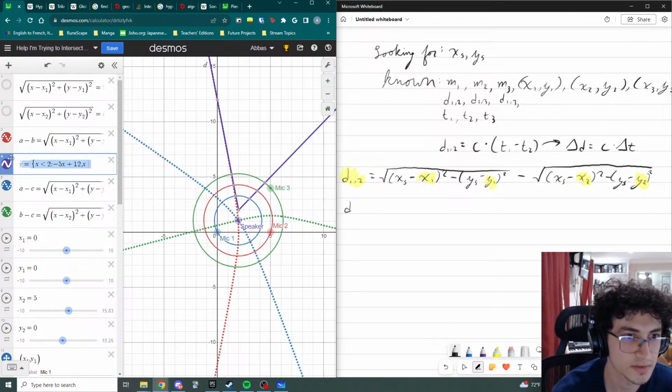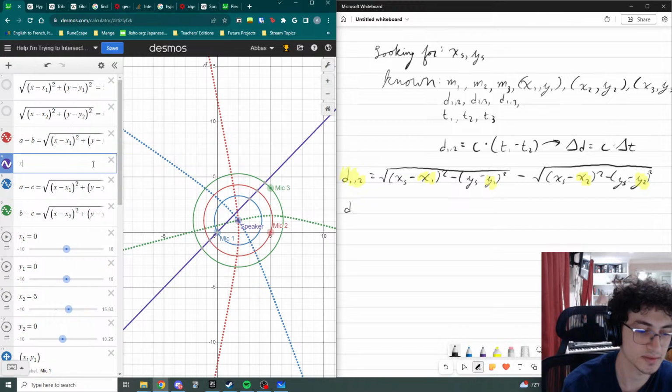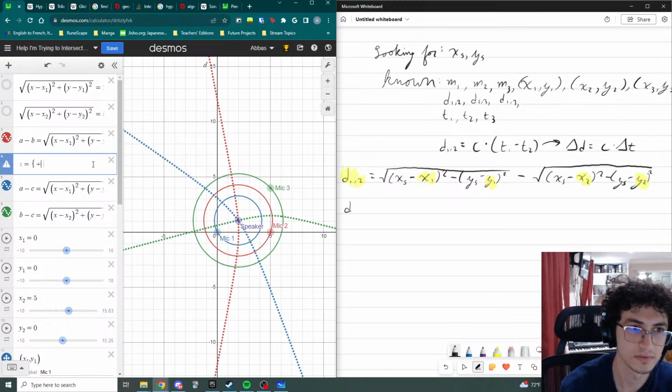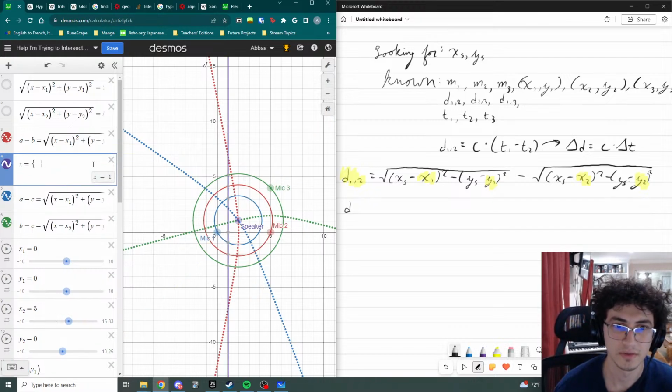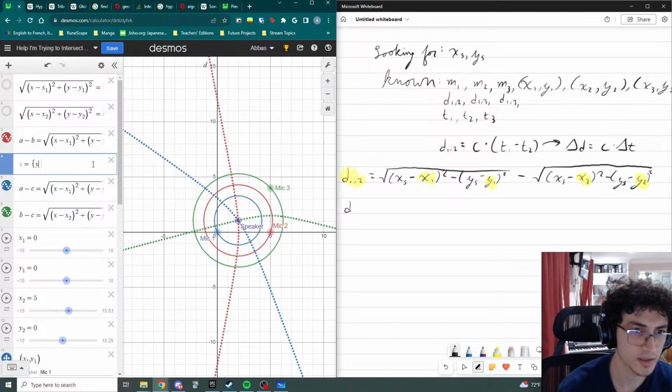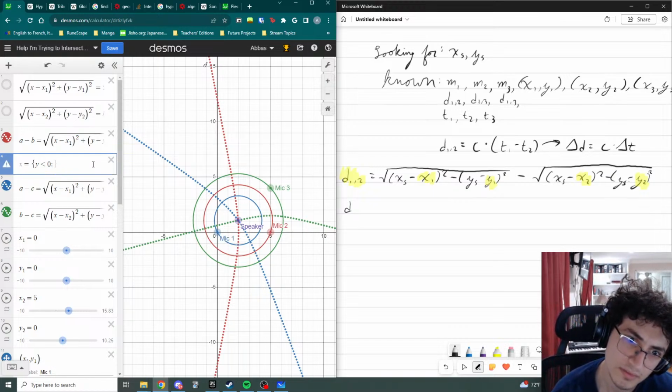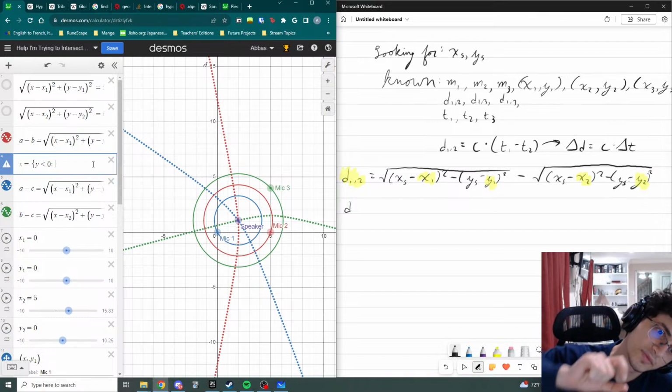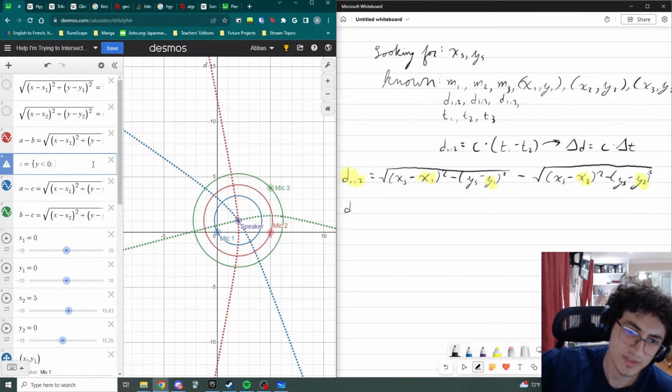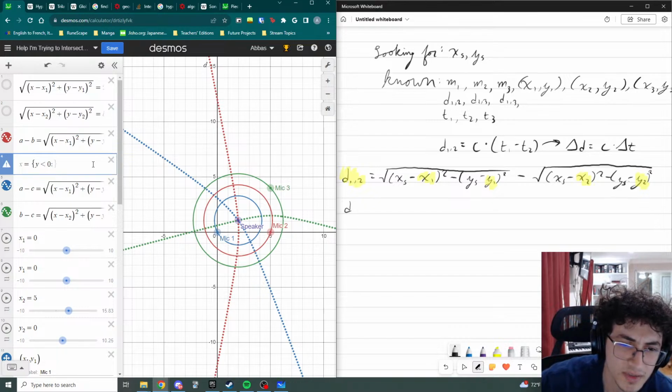It's not a function, so it's actually more like x is equal to, for y less than 0, x is defined to be, what would that look like?